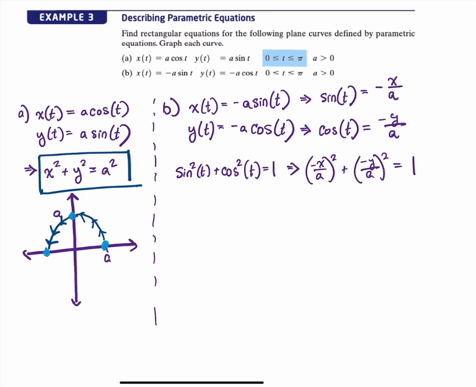Notice we'll actually get the same equation back. If we square this, the negatives would cancel, so we would get x squared over a squared plus y squared over a squared equals 1. Multiplying everything by a squared, we will get that same circle definition. x squared plus y squared equals a squared.